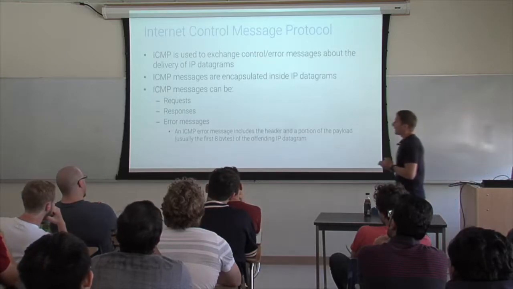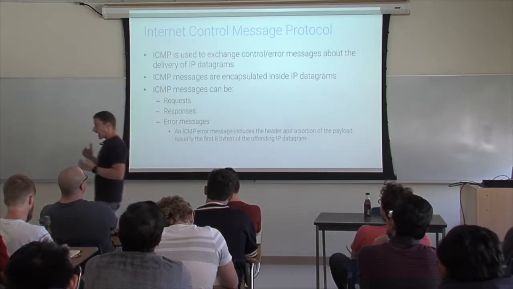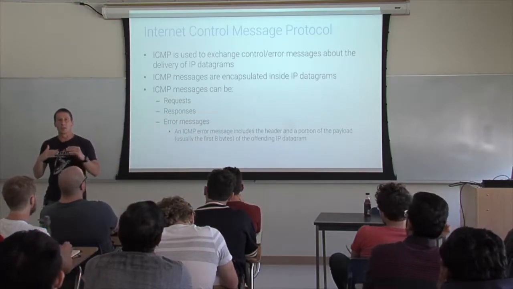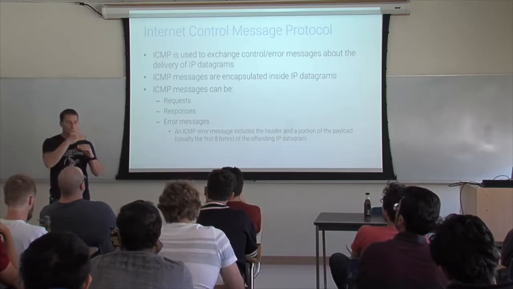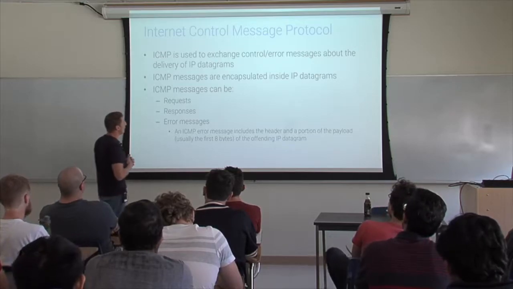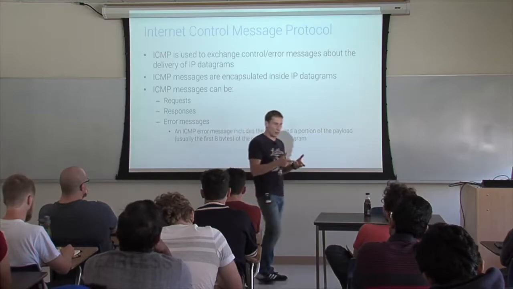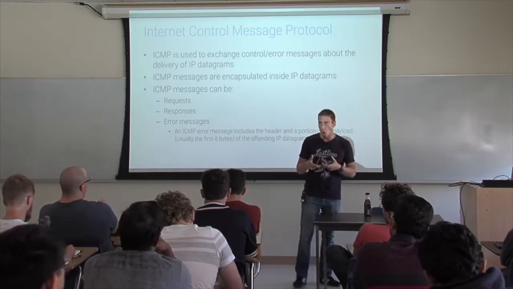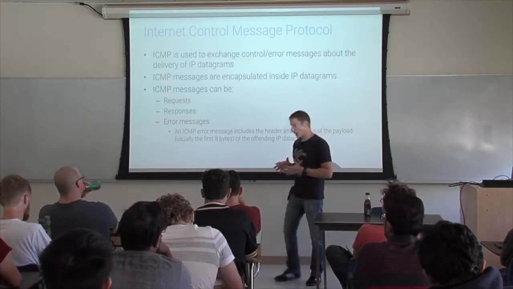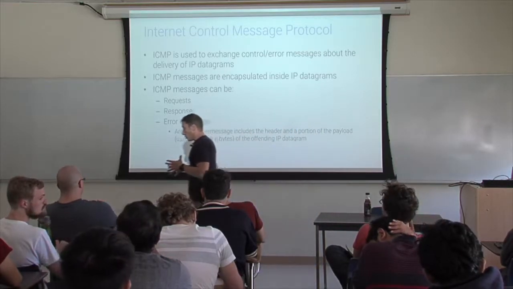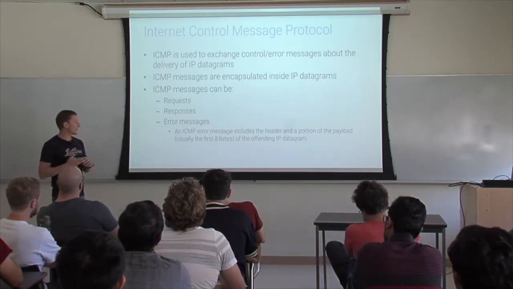Let's talk about the ICMP protocol. ICMP is encapsulated into IP, so it should actually be classified as a level 4 protocol because it operates within an IP packet, but it's considered a level 3, network level protocol, because its goal is to regulate and handle non-ordinary conditions in the IP delivery of messages, so errors and things like that.